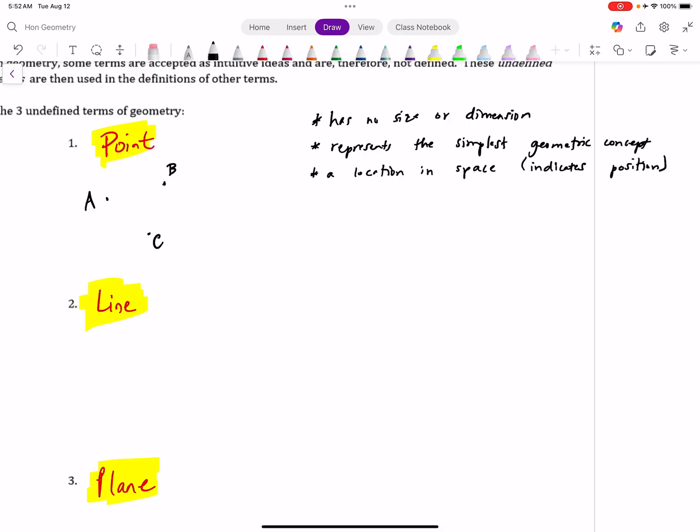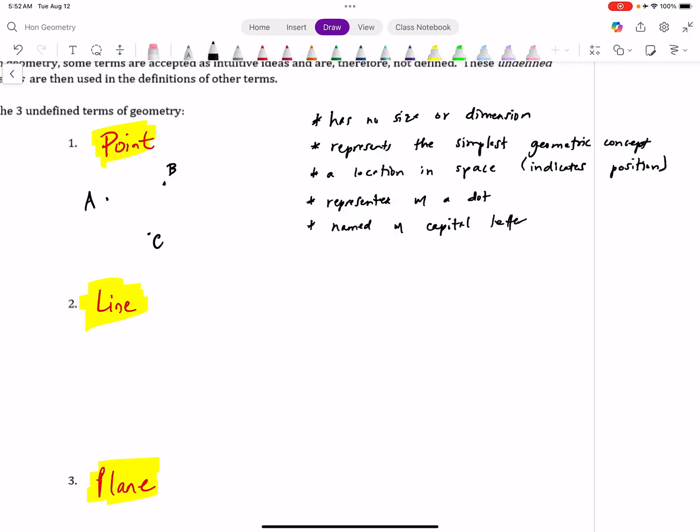We represent it with a dot on paper, and you name them with capital letters. That is a non-negotiable. It has to be a capital letter.